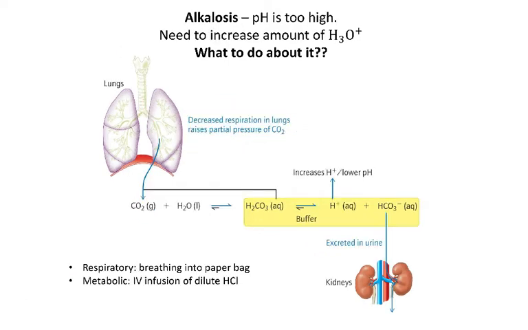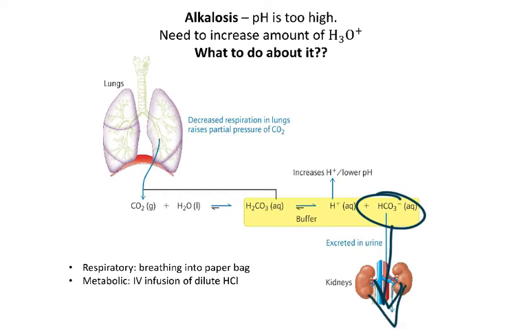Okay, alkalosis, the pH is too high. You need to increase H3O+. What do we do? The opposite type of case. We need to get rid of some bicarb, maybe excrete it through urine.